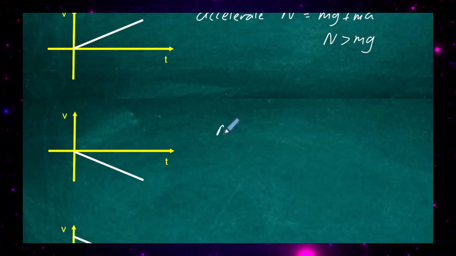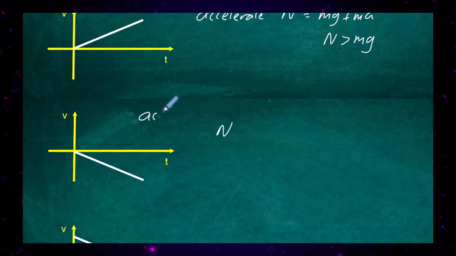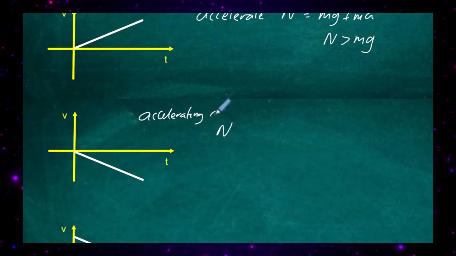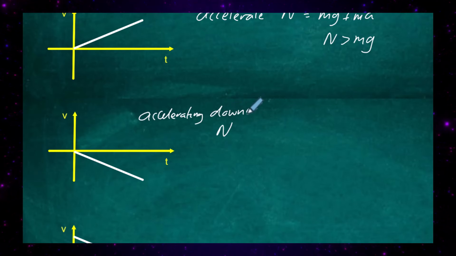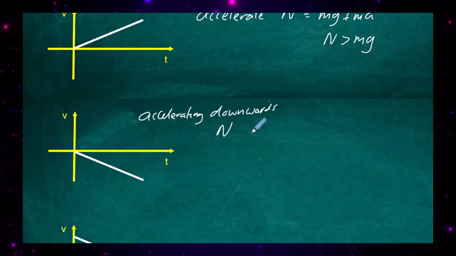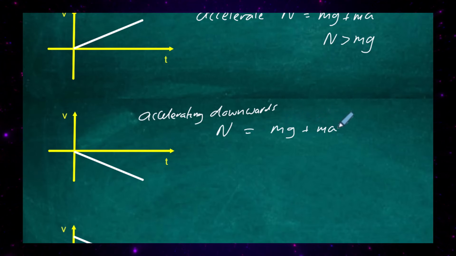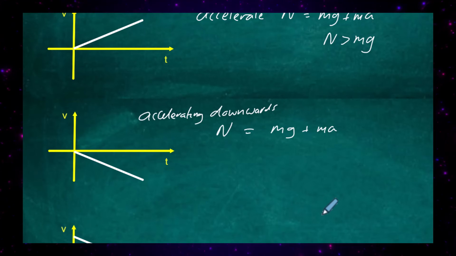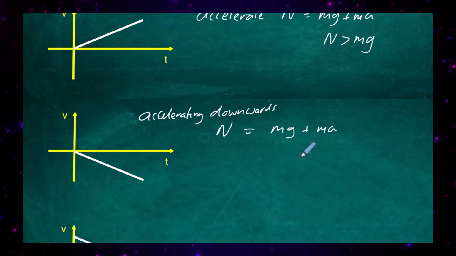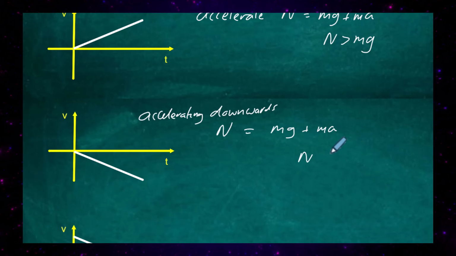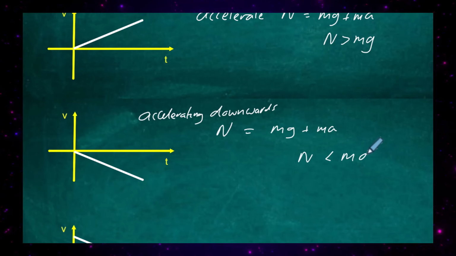So the normal force, if we're going to be accelerating downwards, then we're going to have this situation. N is going to equal mg plus ma, but look at the gradient. The gradient is going to be negative, which means ma is going to be negative, which means that the normal force is going to have the weight take away a number, so therefore the normal force will be less than the weight.